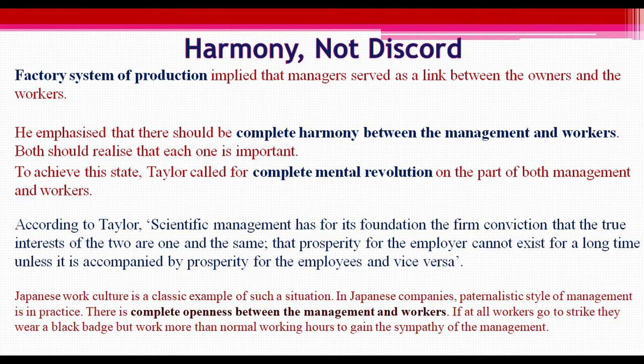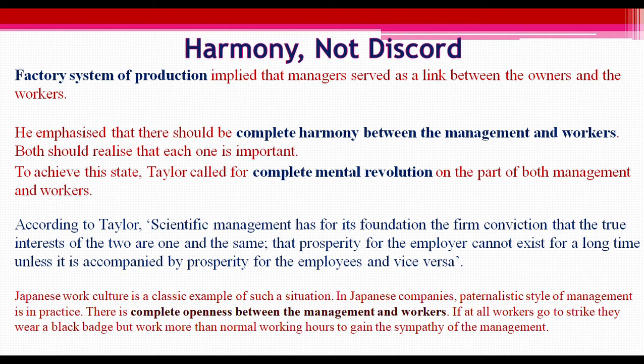They should not have the ego of their authority. They must realize that if the worker is not there, I cannot carry out the factory activities, and workers also realize that if management is not there, we can't work in the factory. So each and every person and each and every element is important in the organization.